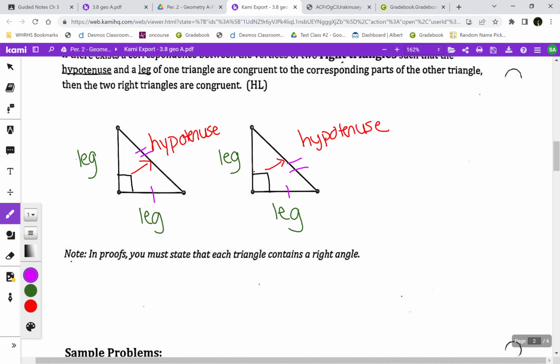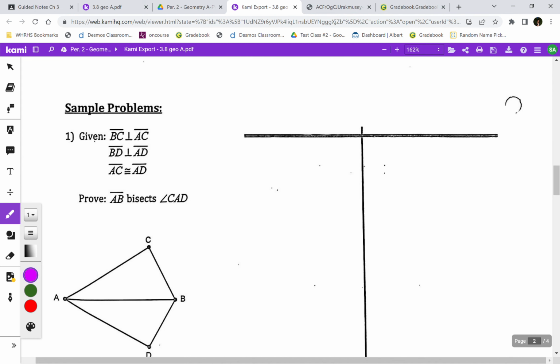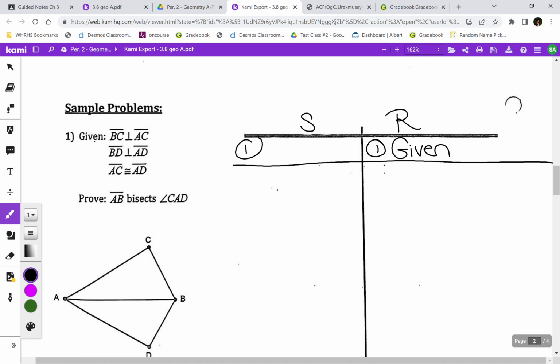All right. Let's do a proof. Okay, so if it says BC is perpendicular to AC, what can I conclude? There's a right angle where?